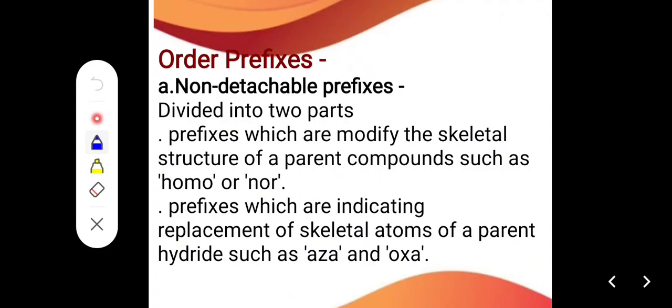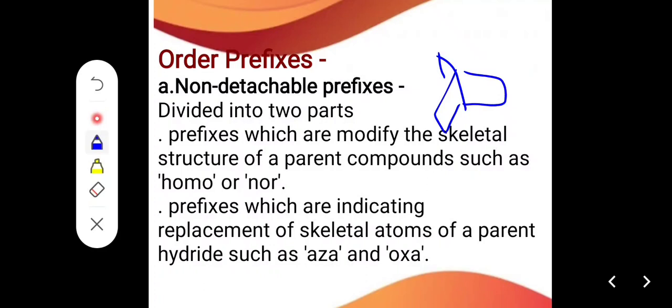As we know, the norbornane system, so this nor is a modification of the skeletal structure. This is one type.